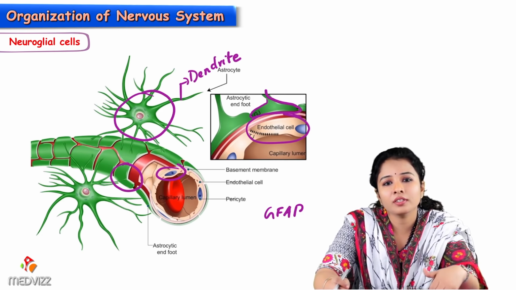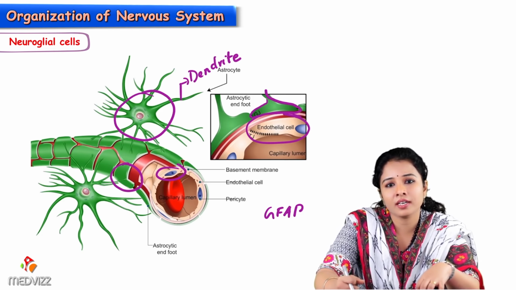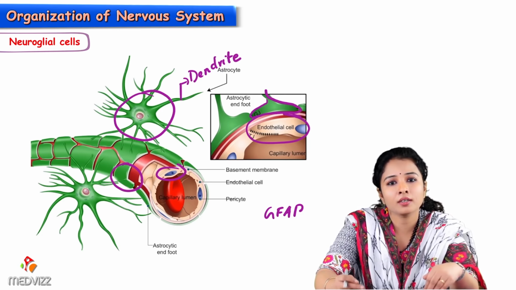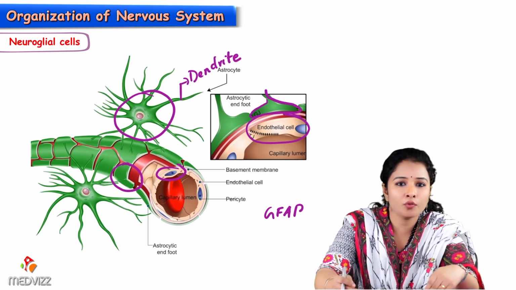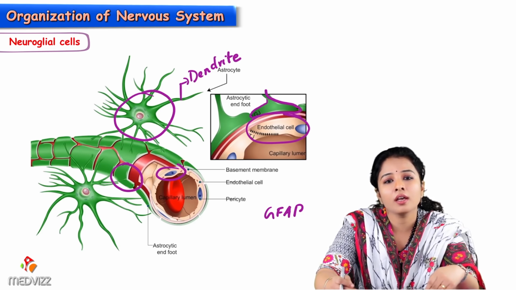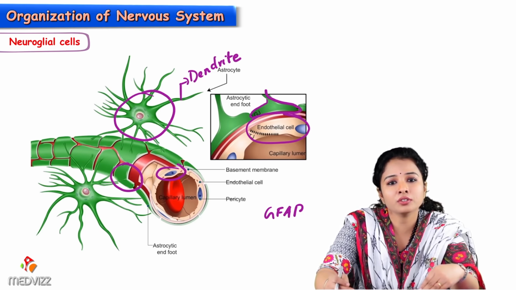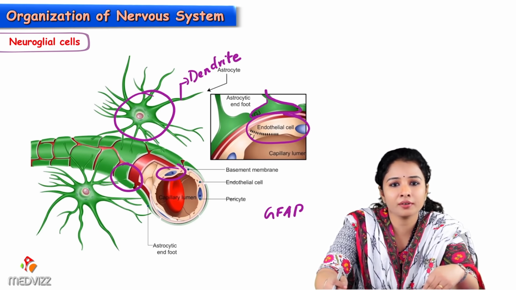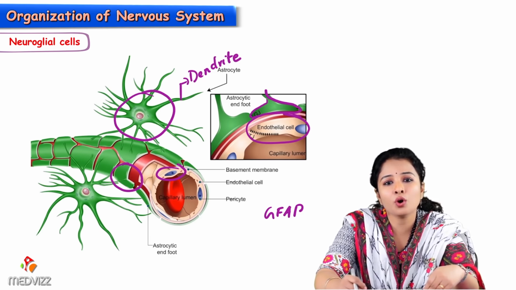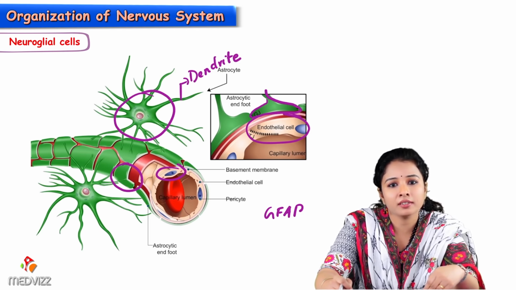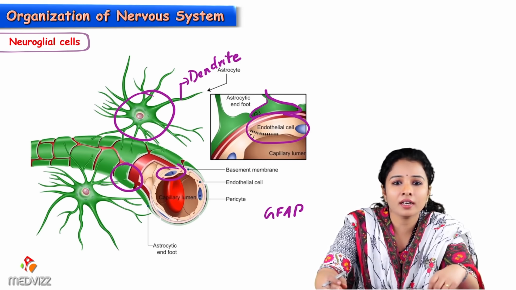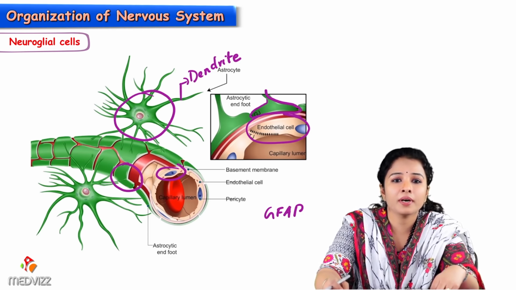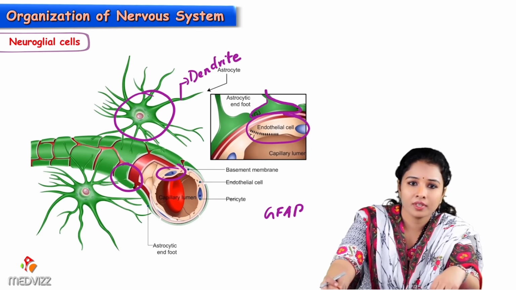One more thing about these foot plates of astrocytes: they are quite dense and make a resilient membrane forming a true capsule of the brain and spinal cord. They are composed of processes of astrocytes, and covered throughout by the pia matter. So, they firmly adhere to it, and the two membranes are collectively called the glial membrane.